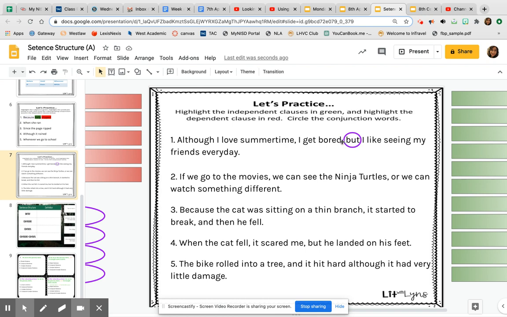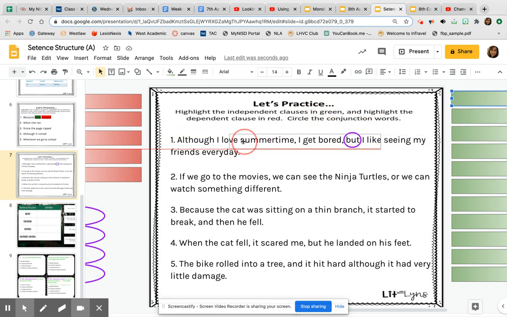So replace that comma with a period. Does that make sense? Is that a complete sentence? I think so. Let's double check. I like seeing my friends every day. Is that a complete thought? Or, but I like seeing my friends every day. Does that make sense by itself? No, it doesn't. So that means that this first part of our sentence is our independent clause, and that's what needs to be green.